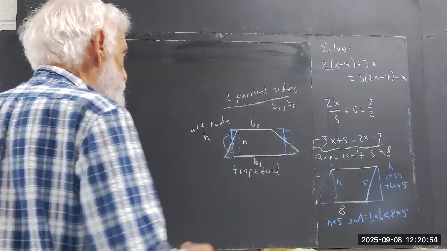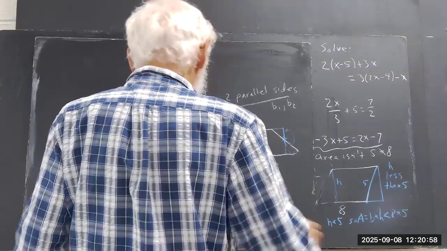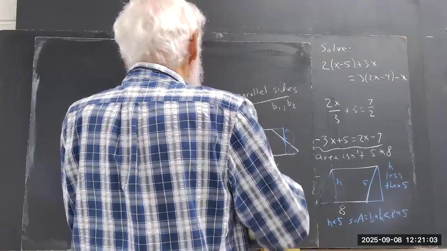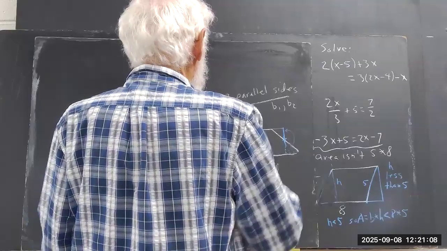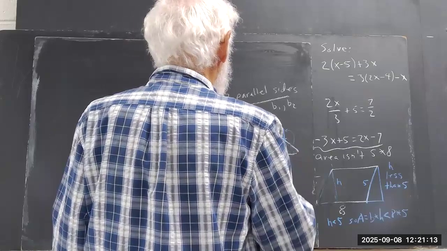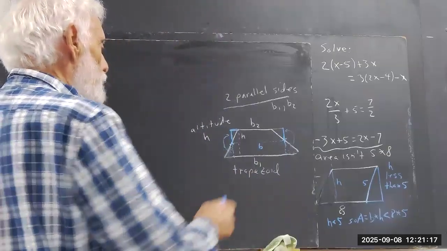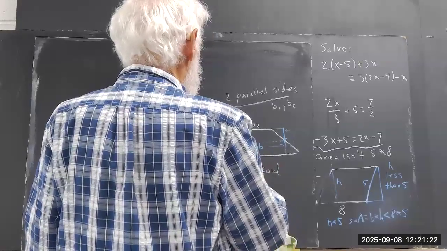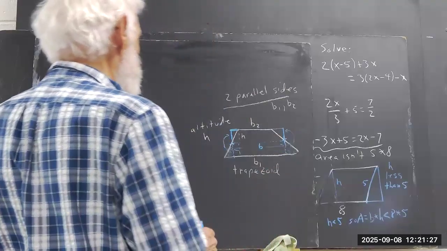Now, the base of this rectangle, that would be the base from here to here. So that could be from here to here or from here to here. These sides are parallel.